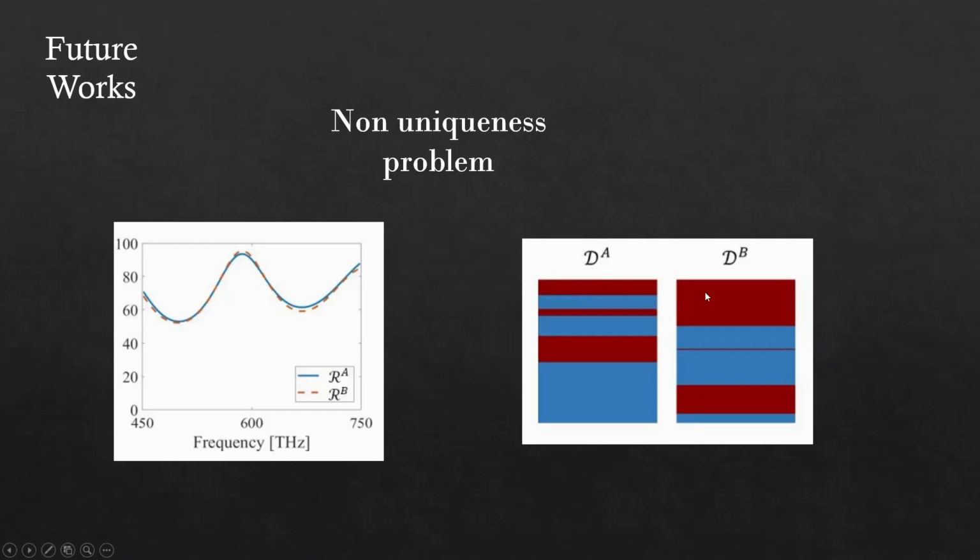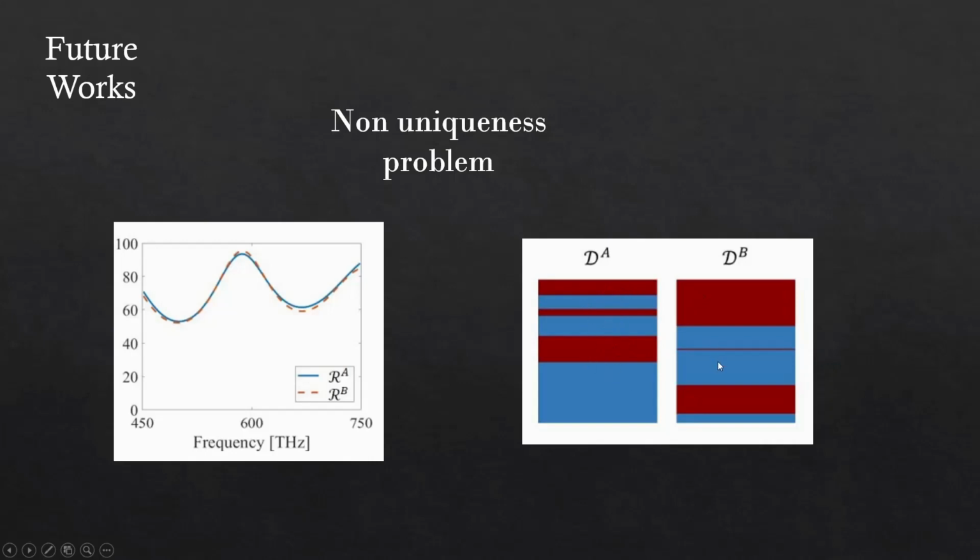Why? Because, for example, here we don't consider the categorical feature, just the thicknesses of the layers. Suppose the red ones have the same material, and the blue ones just alternate the type of the materials.